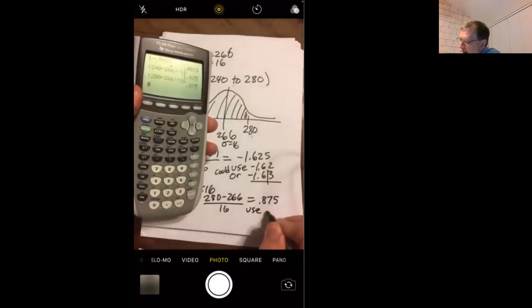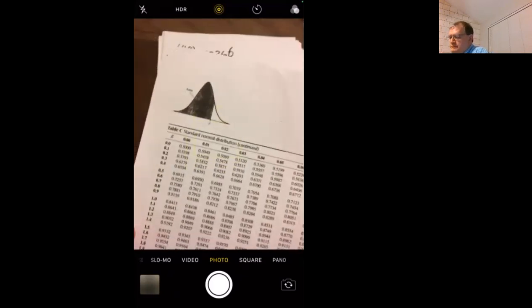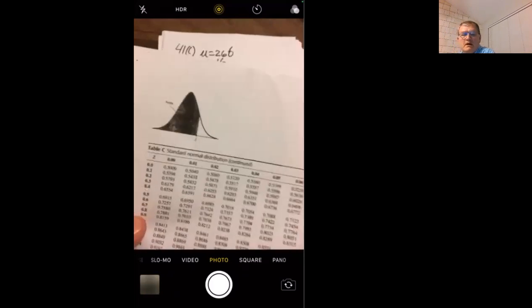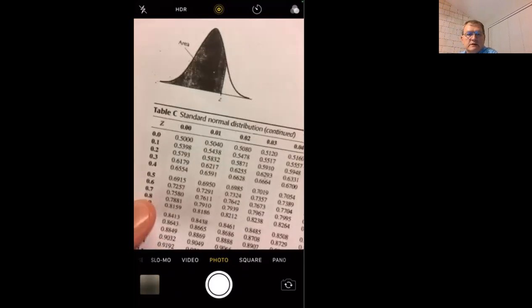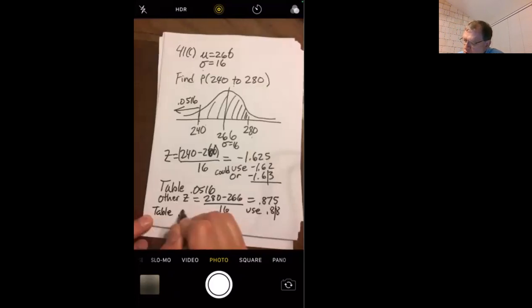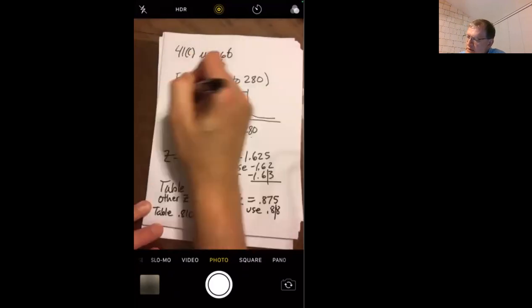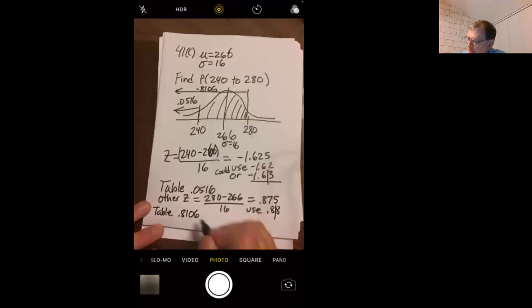I'll use 0.88, but you can use 0.87. 0.8 over to 0.08, 0.8106. That would be all the way left of this. Answer.